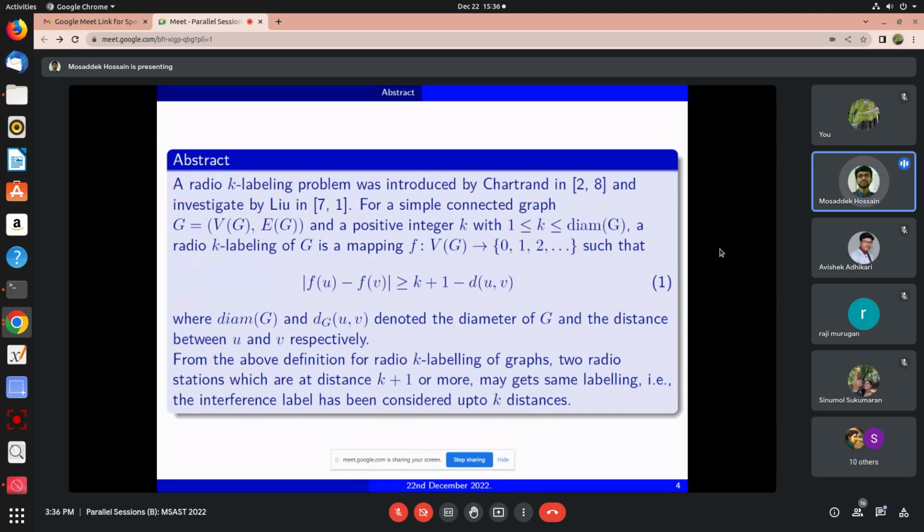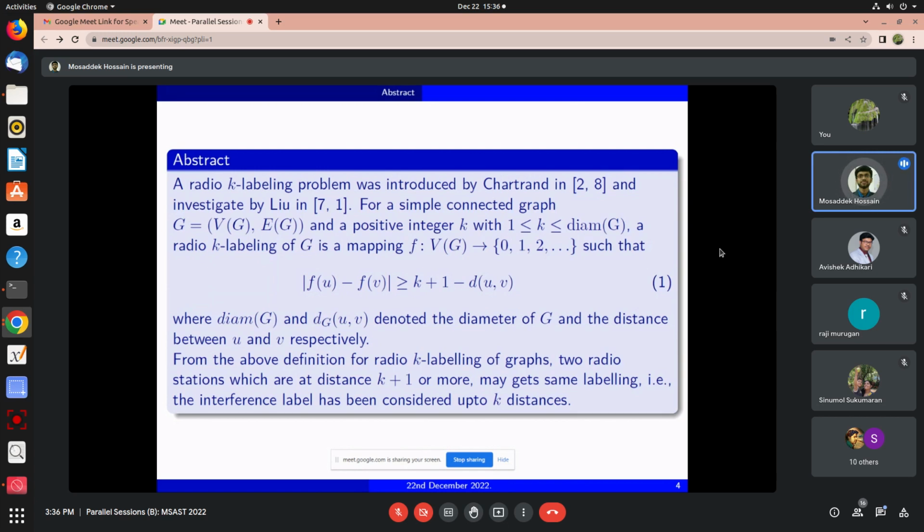A radio k-labeling problem was introduced by Chartrand and investigated by Liu for a simple connected graph G = (V(G), E(G)) and a positive integer k with 1 ≤ k ≤ diameter of G. A radio k-labeling of G is a mapping f from V(G) to {0, 1, 2, ...} such that |f(u) - f(v)| ≥ k + 1 - d(u, v), where diam(G) and d_G(u, v) denote the diameter of G and the distance between u and v respectively.